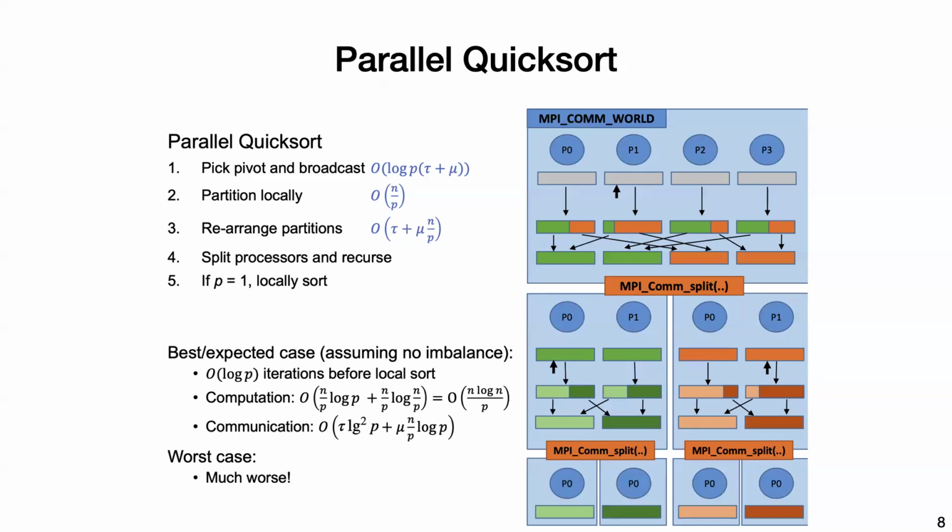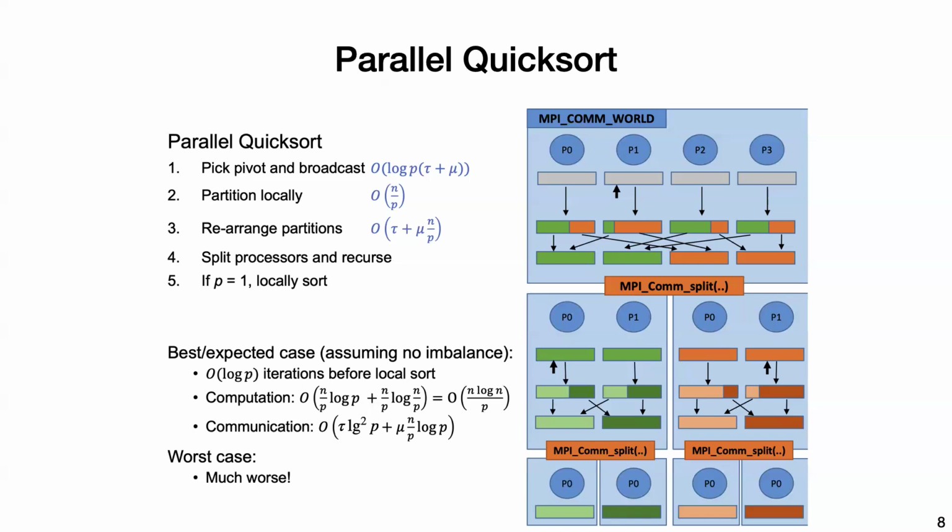All the stuff left of the pivot has to go in the first half of the processors, and all the stuff to the right of the pivot has to go in the second half. On average, that is going to take tau plus mu n over p, because everybody has n over p elements, and ideally you have to ship about half of them if you pick your pivot perfectly correctly.